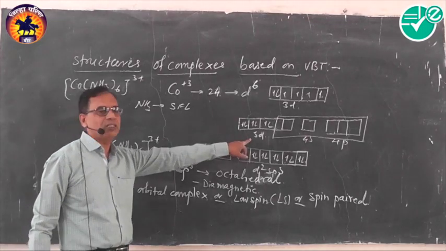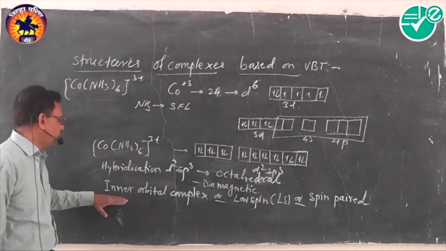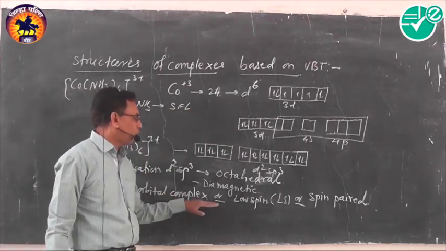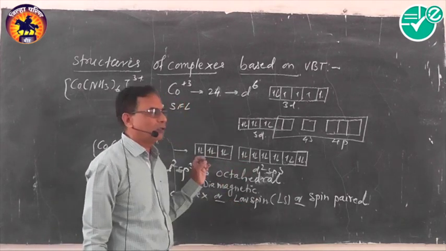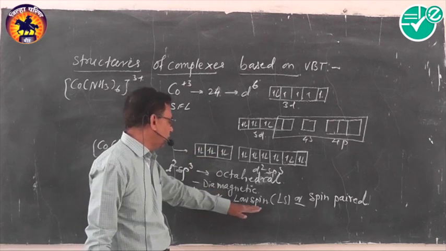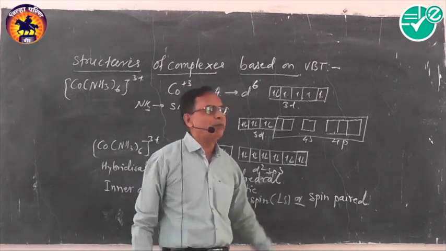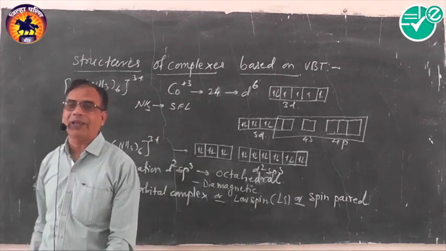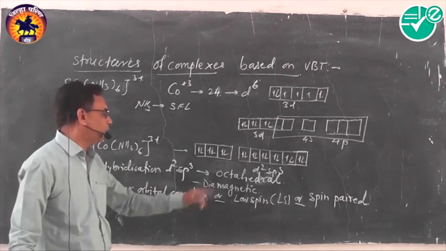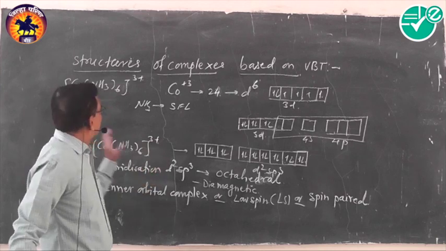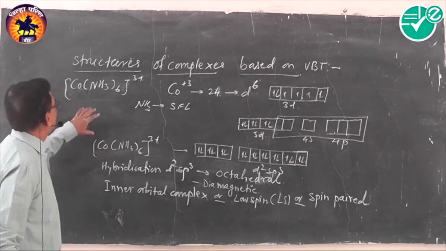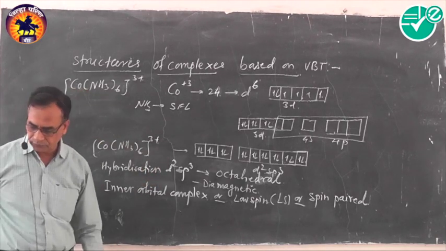Since inner d orbitals are involved in the hybridization, it is an inner orbital complex or low spin. The spins are balanced, hence it is a low spin or spin paired complex. So this is about [Co(NH3)6] 3 plus.